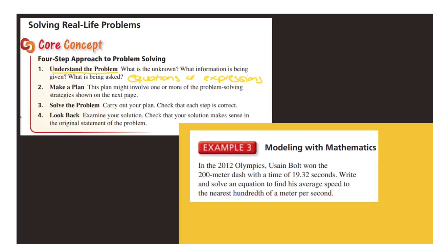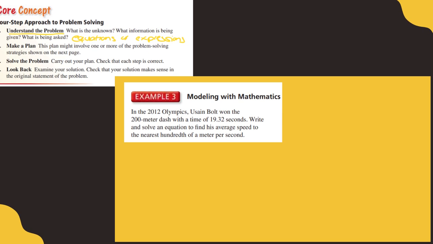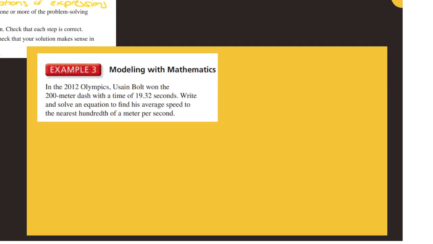Okay, so let's use this example, modeling with mathematics. In the 2012 Olympics, Usain Bolt won the 200-meter dash with a time of 19.32 seconds.